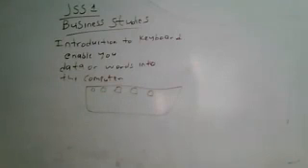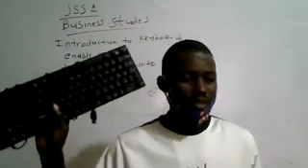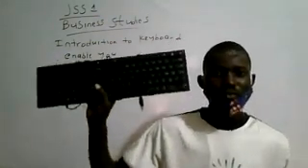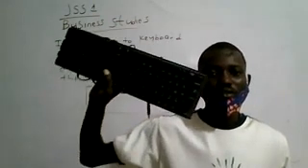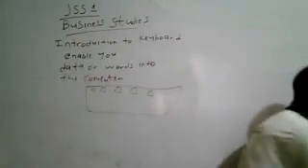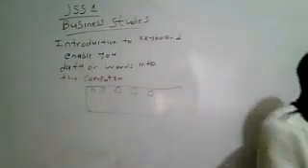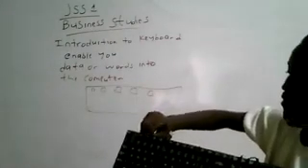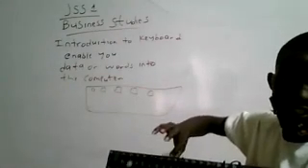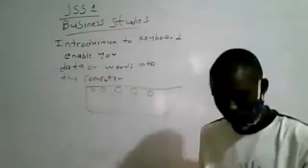This is an example of a keyboard. So the keyboard contains what? Keys. These are the keys of the keyboard. That is why we call it keyboard. So it contains keys.